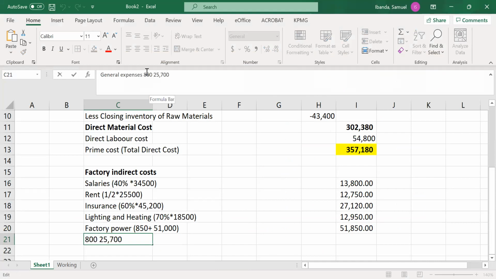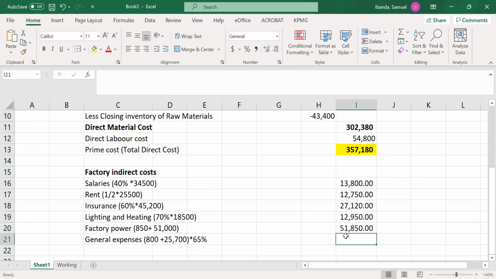So when I get my total, I'm supposed to subject this to 65%. That is what I'm supposed to do. So I'll just try to pick this, see if Excel can give me the answer.